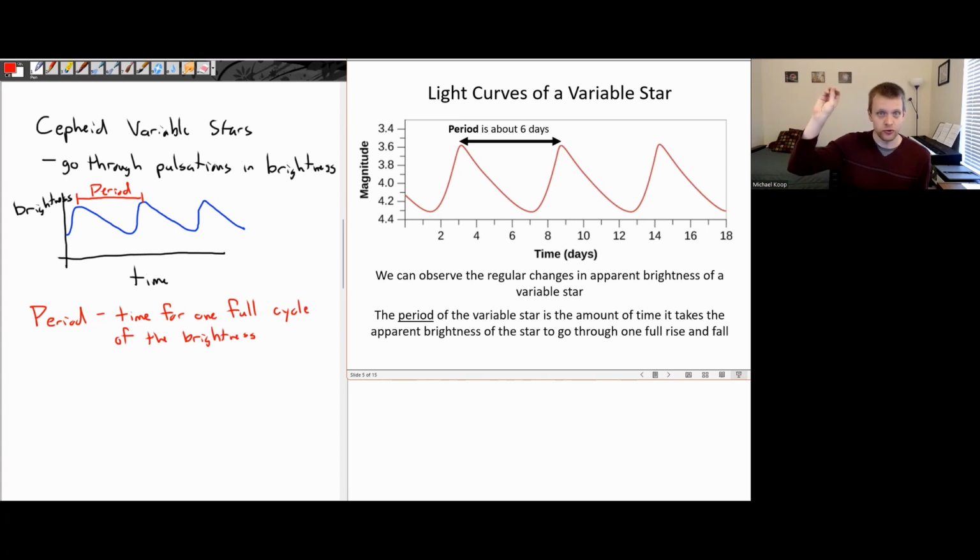So it does go through regular pulsations and changes in brightness over the course of 3 or 4 days. So whenever I hear of this, oh, it's constant and unchanging, I'm kind of thinking, oh, it's actually going through a 3 or 4 day cycle. So kind of using science to kill the poetry a little bit, but it's still a nice thought.